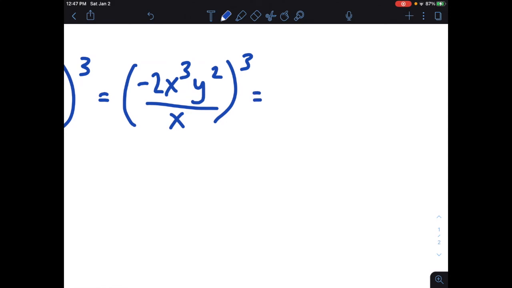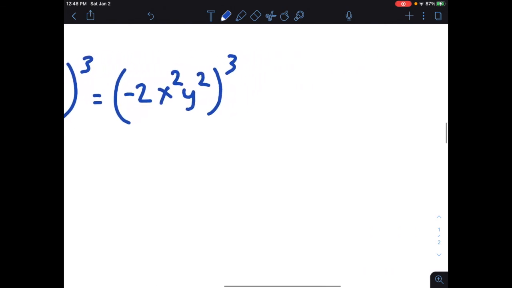So we have -2, and then x to the third, and this is x to the 1, so it's going to become x squared, y squared, all to the third power. Okay, and then now we can apply the product rule, which says we have -2.